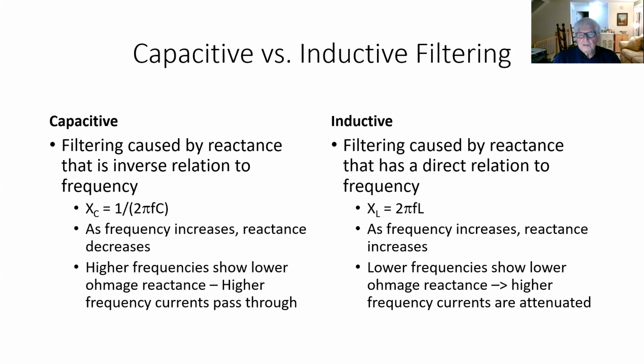Whereas if you use an inductor, the reactance is directly proportional to the frequency, as we can see by the equation here. So as the frequency increases, so does the reactance. And so the lower frequencies show lower ohmage reactance, and therefore higher frequency currents are attenuated. All right.